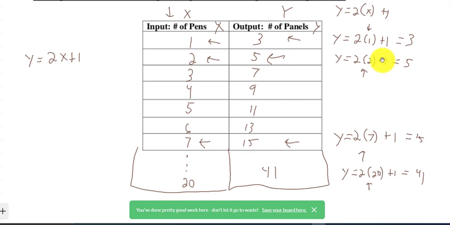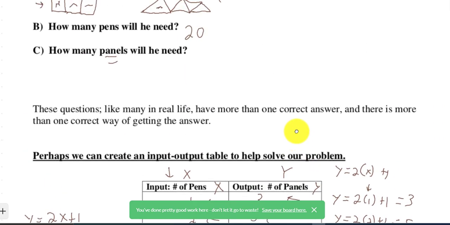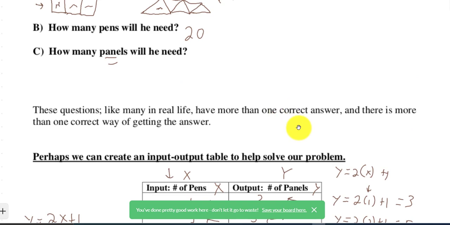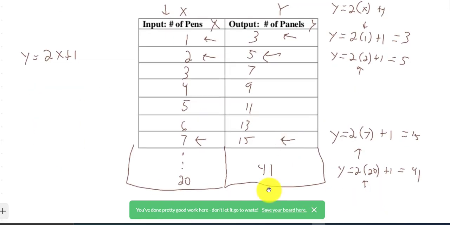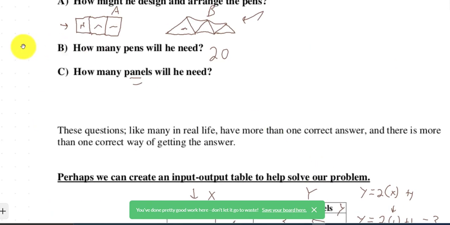So going back to the original question, how many panels will you need? If we do design B, we would need 41 panels. I'll type that in there: 41 panels using B, the triangles.